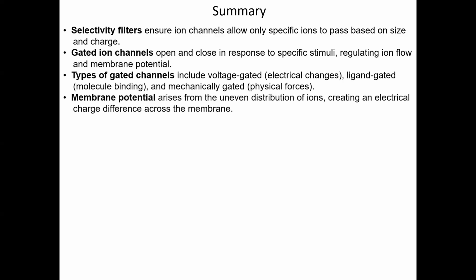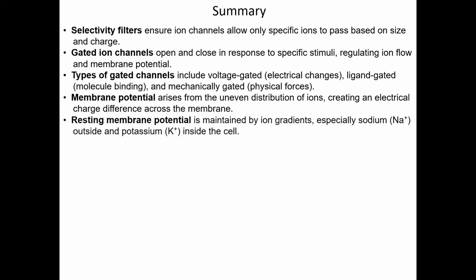Membrane potential itself is a measure in voltage, millivolts, of the flow of specific ions. And it is possible because ions are unevenly distributed across the membrane, creating an electrochemical gradient. The resting membrane potential of most cells is somewhere between -20 and -200 millivolts, and it's maintained by ion gradients, specifically a sodium gradient where sodium is outside the cell and a potassium gradient where potassium is inside the cell.